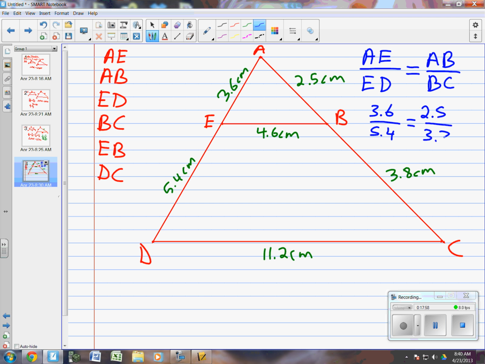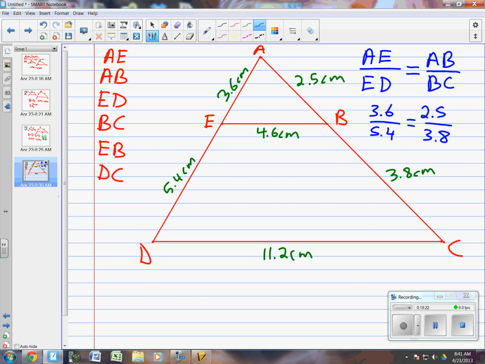Now, how can I check to see if those are equal or close? We just want them to be really close. Okay? Cross multiply, right? So, Kayla, cross multiply. 3.6 times 3.8, and then multiply 2.5 by 5.4.